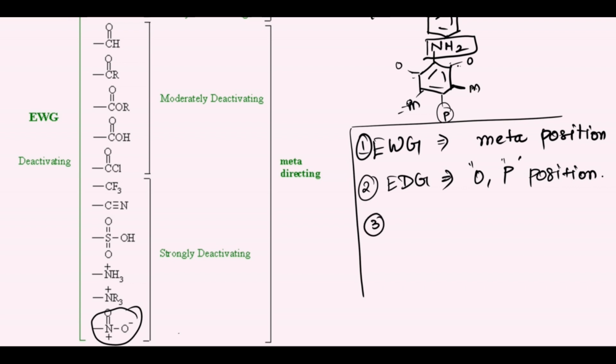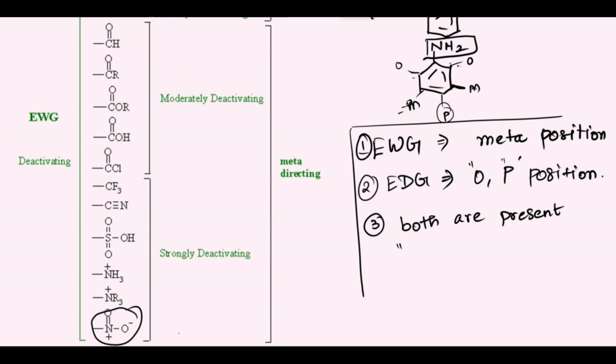The case 3 is both are present. Electron withdrawing is also present, electron donating is also present. In that case, you have to go with the strength. So decide according to the strength.